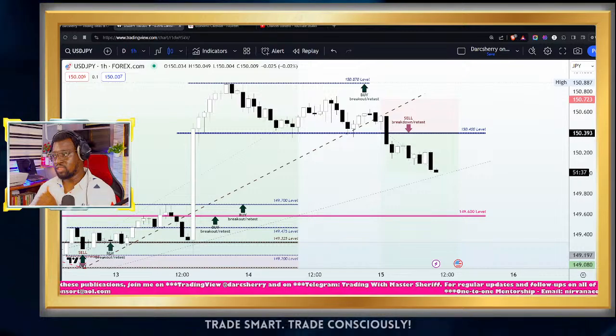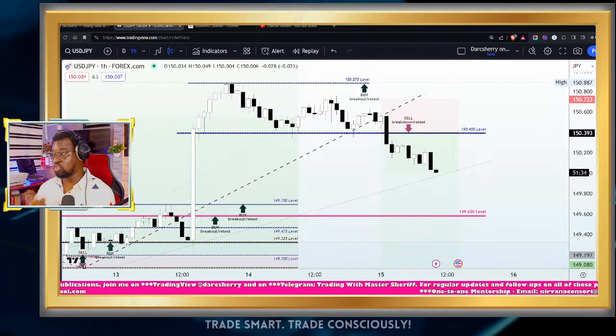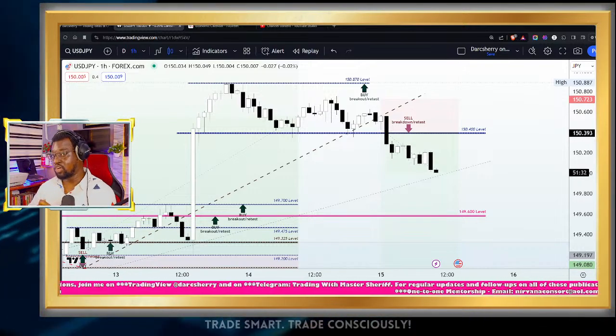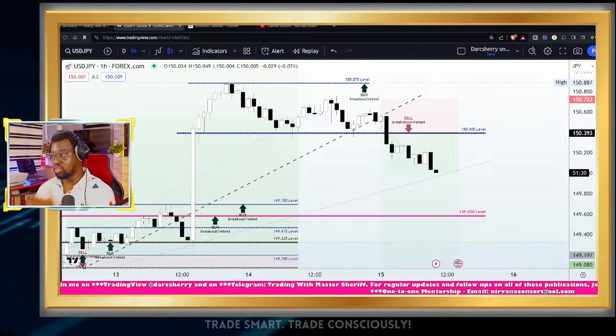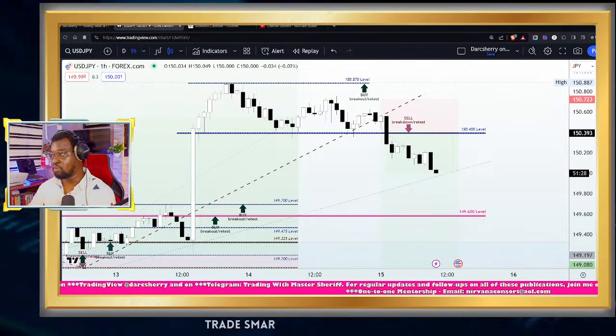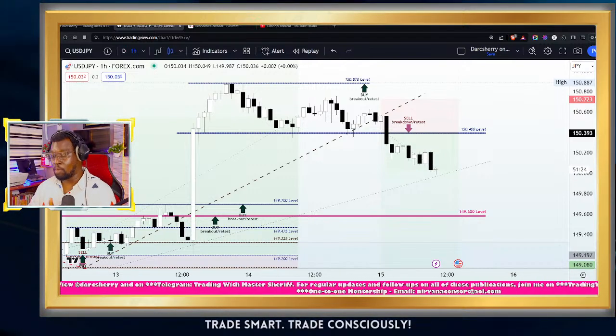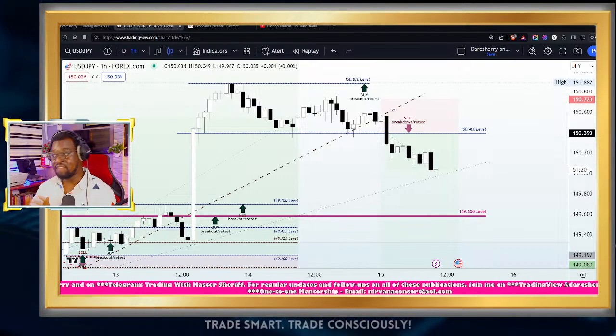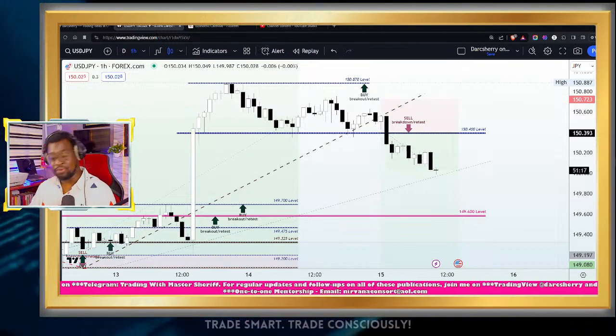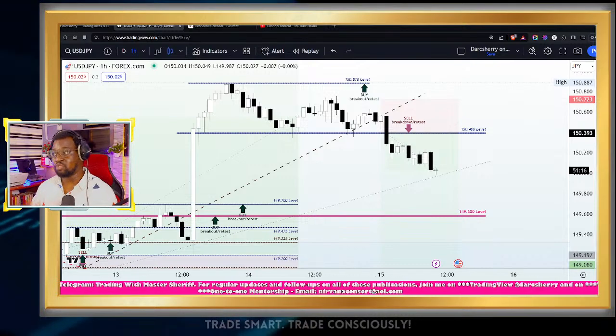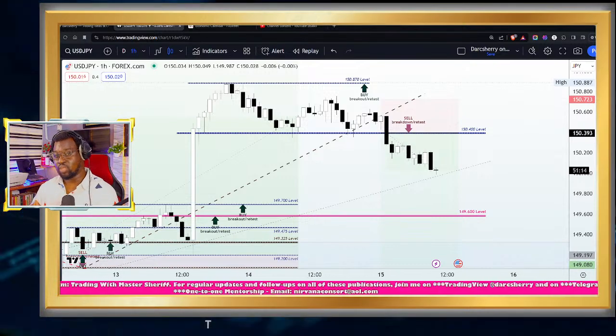And one thing we also want to take into consideration is the fact that the Japanese economy contracted, as we talked about earlier, by 0.4%, which was way below market expectations of 1.4% growth. Now, the possibility of a delayed Fed rate cut may continue to support the US dollar and restrict losses on the USDJPY.